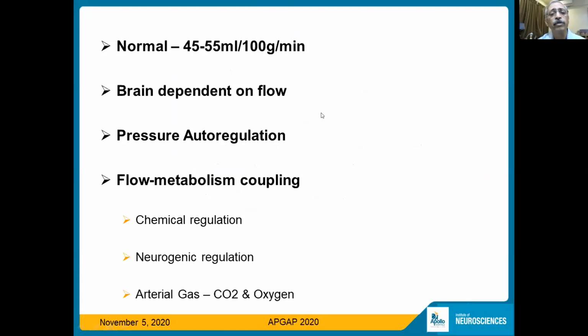So the glucose supply has to be continuous whenever there is a need for increased metabolism or if there's any activity. There's a need for this constant flow to happen, which is brought about by pressure autoregulation and flow metabolism coupling, which is a complex mechanism.